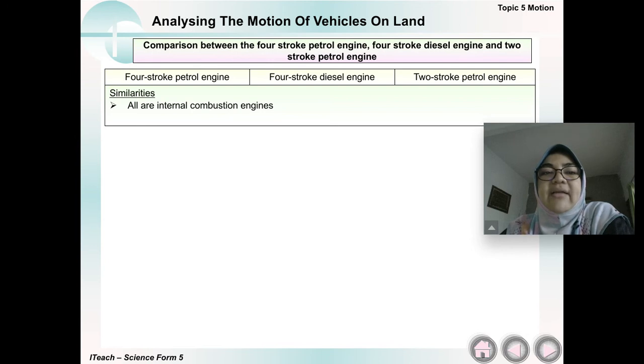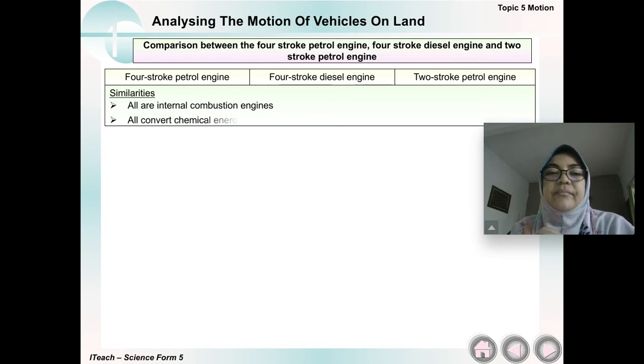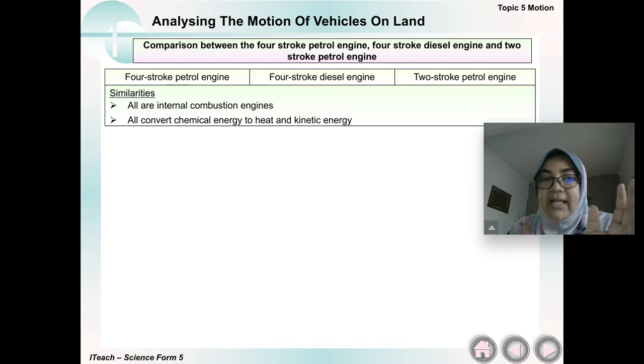Okay, so similarities, combustion dia adalah internal. So berlaku combustion dalam engine. Okay, and then convert chemical energy, iaitu fuel, okay, to kinetic energy. Daripada fuel and air, kita dapat pergerakan crankshaft. So convert chemical to kinetic.